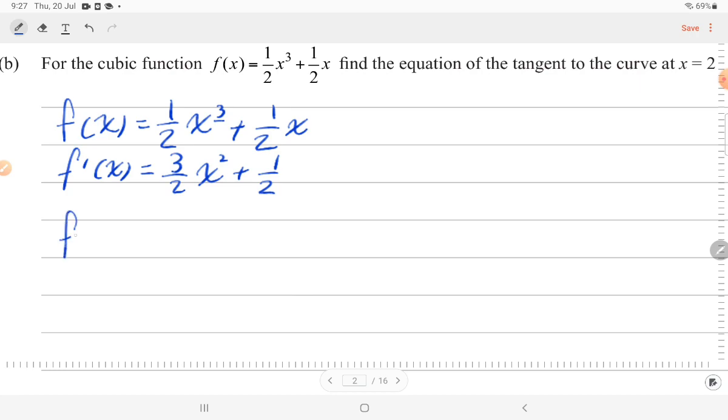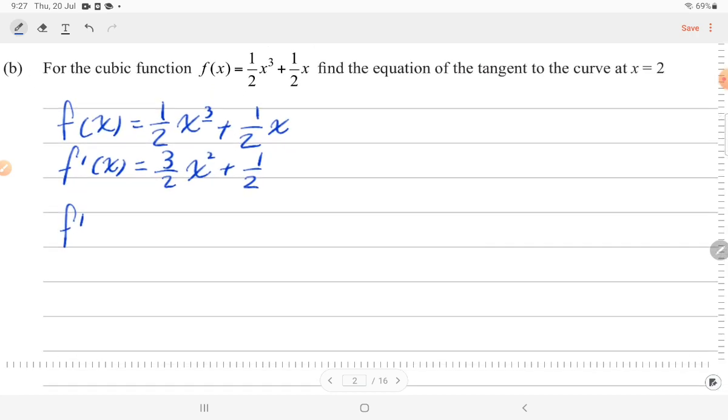Then we want to calculate the derivative at x equals 2, so f dash of 2 is equal to 3 over 2 times 2 squared plus half, which is equal to 3 over 2 times 4 plus half, which is equal to 13 over 2.